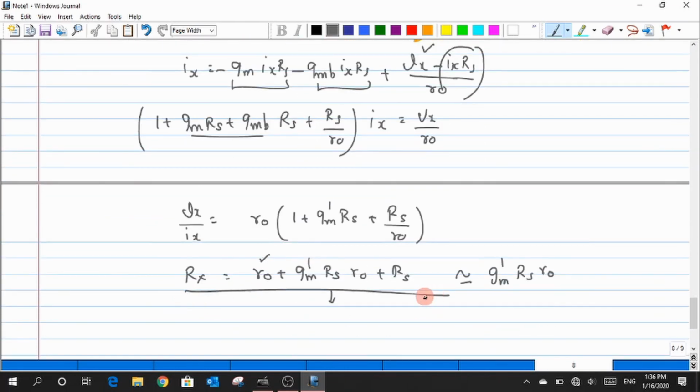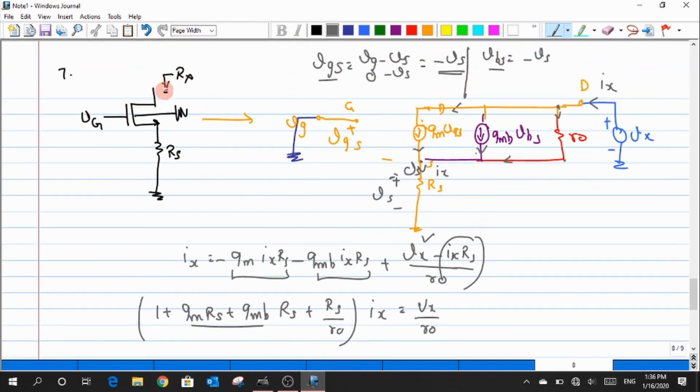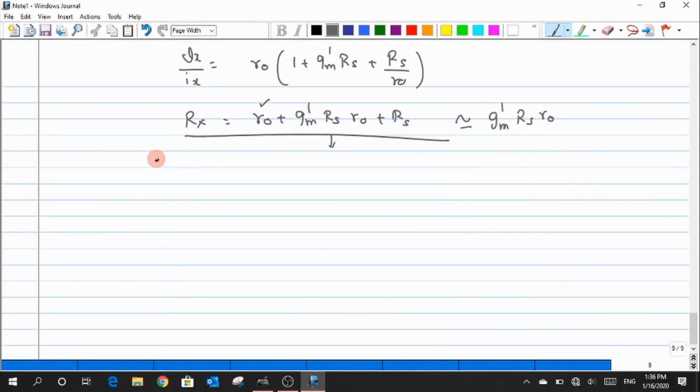One could say that whenever I am looking through the drain and there is a source resistance, this source resistance is magnified by a quantity of gm times R0, the intrinsic gain of my transistor. Now I'll take one more minute, just a guess, but I will prove this in the next class. What happens in this case?